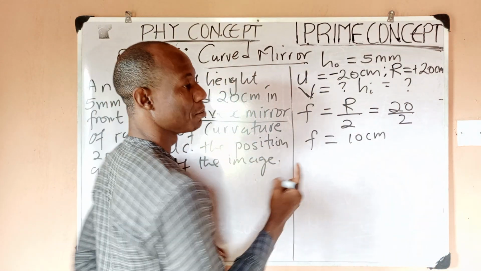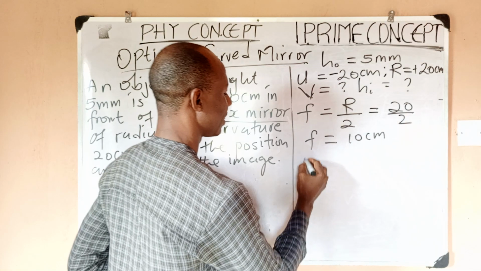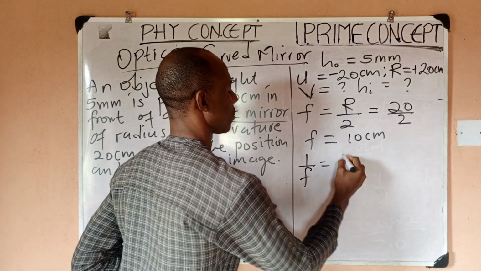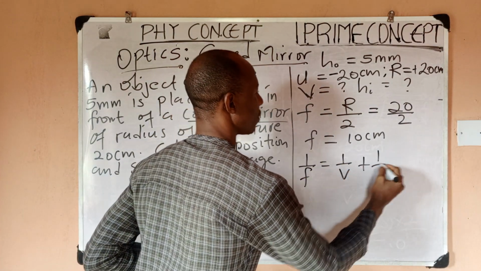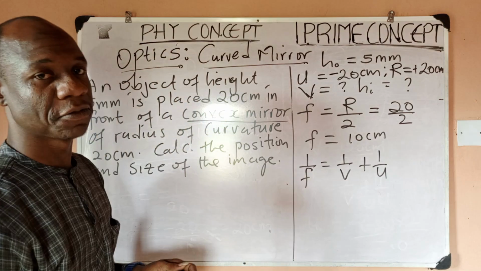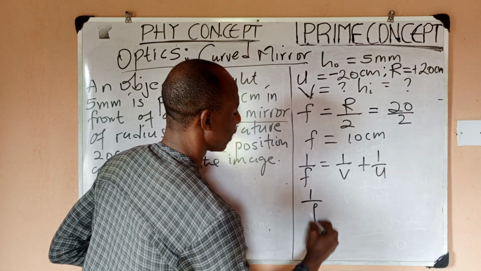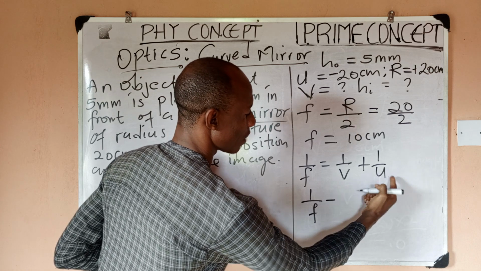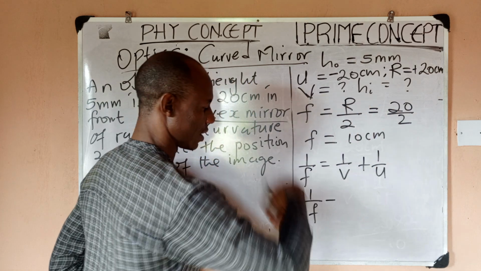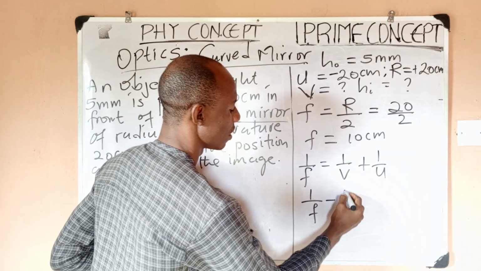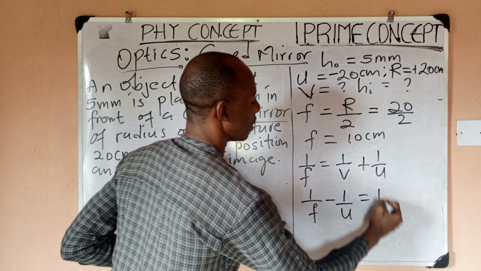So we have what we need to solve our problem. Now we're going to use our mirror formula, which says 1 by f equals 1 by v plus 1 by u. And we're trying to find v. So I'll make 1 by v the subject. So I have 1 by f minus, when this crosses, this plus changes to minus, so minus 1 by u equals 1 by v.